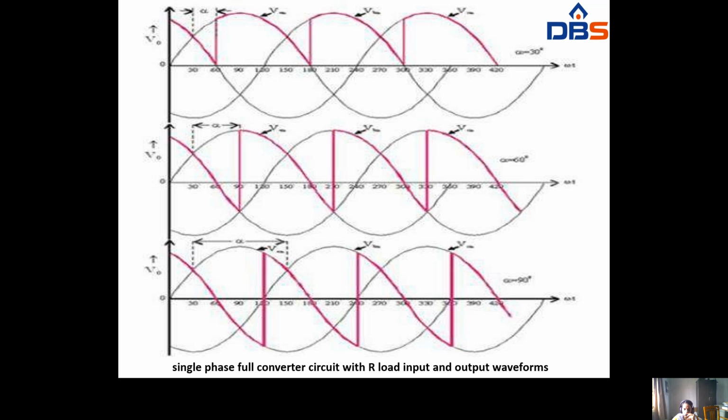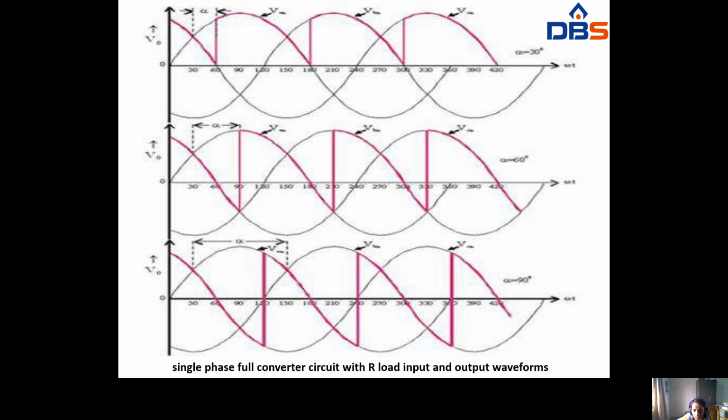Three lines will be there, R, Y, B. When we see this graph of the voltage, whenever we give a firing pulse, the voltage V naught will go up like this.